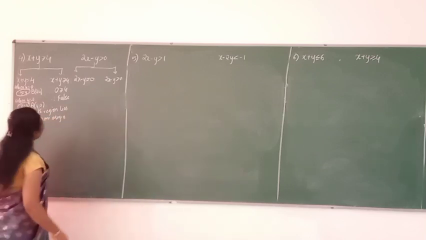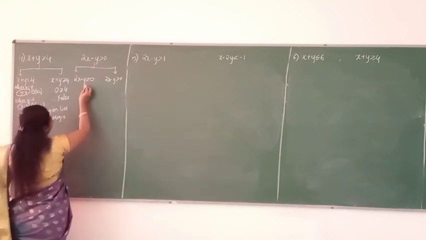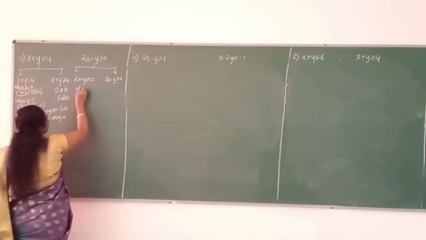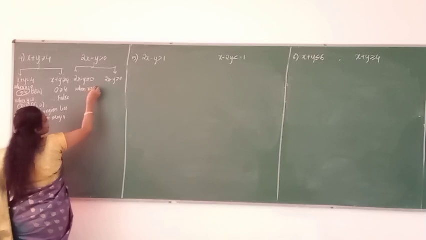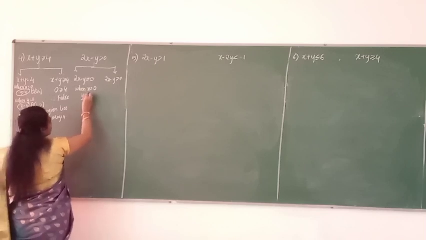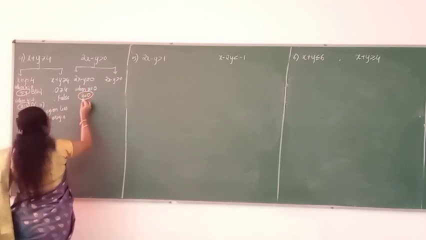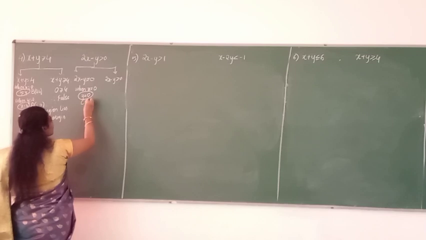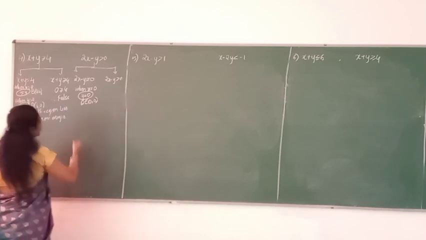Fine. And the next one we'll just check out. So when x is equal to 0, d is nothing but 0 comma 0.